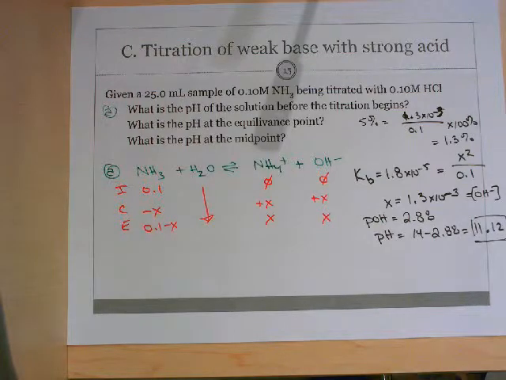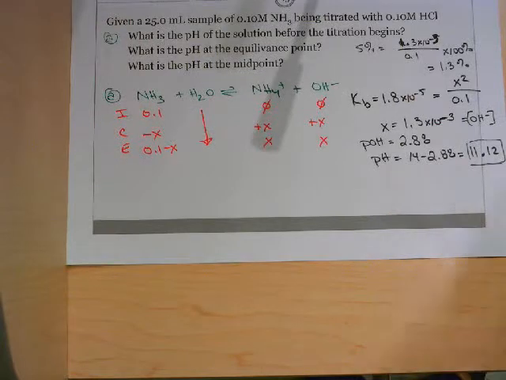Okay. Does this pH make sense with the fact that it's a weak base floating in its flask by itself, hanging out, just deprotonating? No. Okay. Alright, so that is where this titration begins. I now want to look at the pH at the equivalence point.